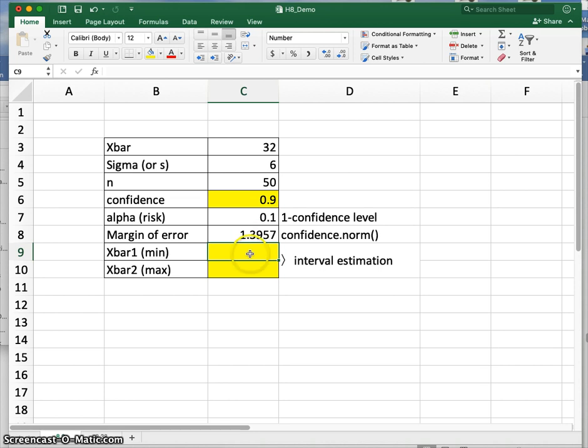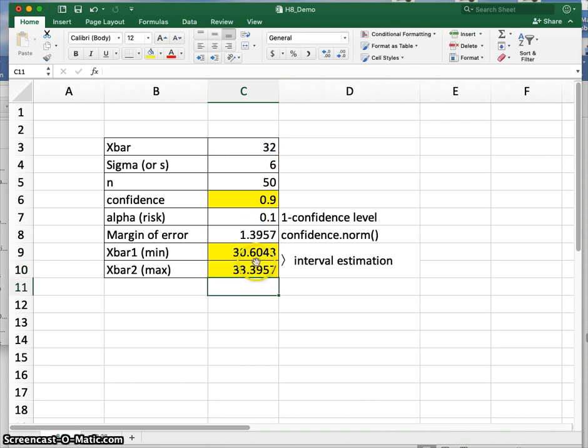And so what is that? Our minimum would equal the mean minus the margin of error, and the maximum would equal the mean plus the margin of error.